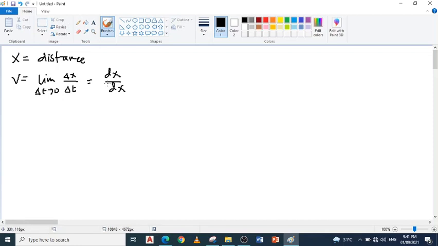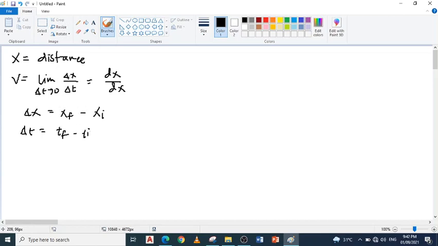Since meron dito na delta x tsaka delta t, delta x is just the change in displacement, meaning distance final minus the initial distance. Ganon din sa time natin. So, yung delta time natin is just the change in time, that is tf minus ti.